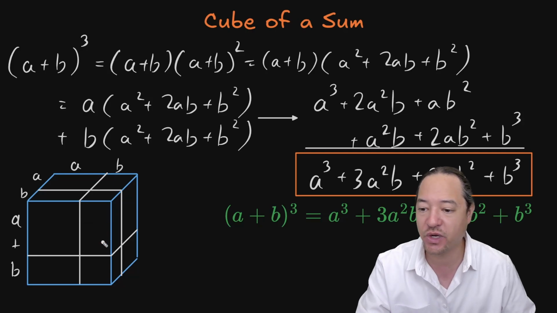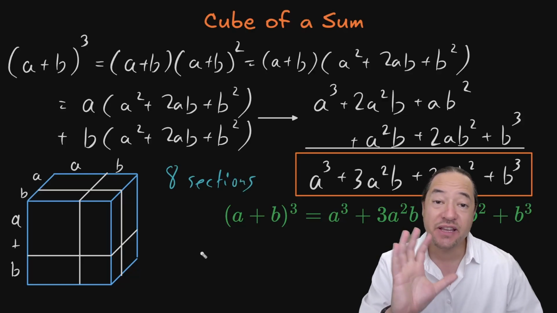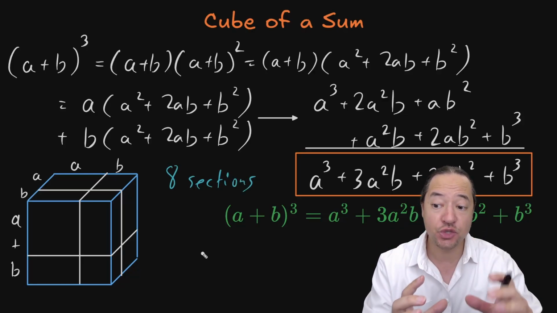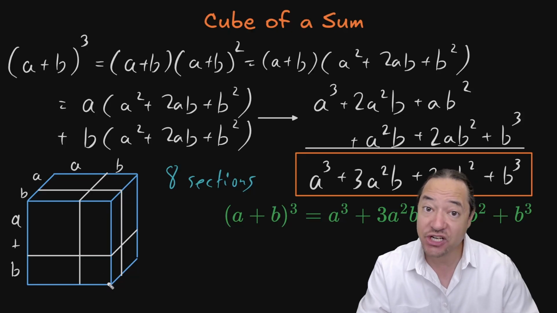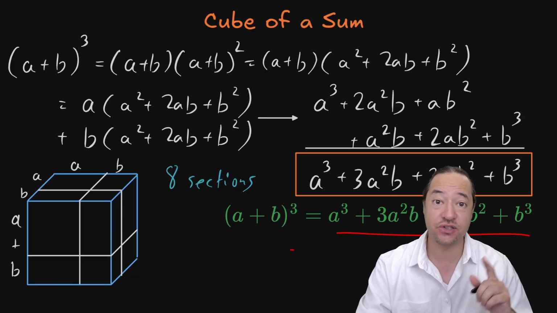How many sections? Well, it's actually going to be divided into eight sections, right? So if you then try and find the volume for each of these 8 sections, you're going to actually rederive this equation that we just got there.